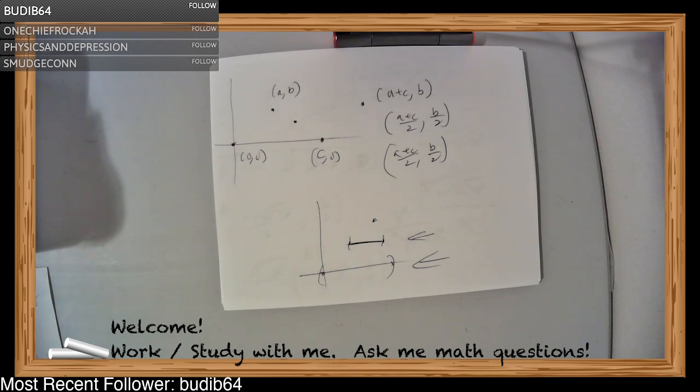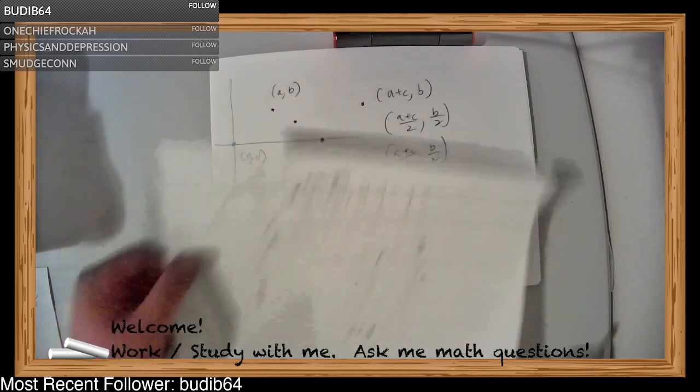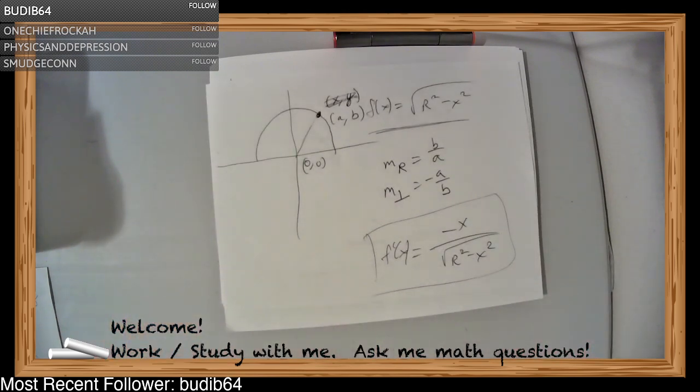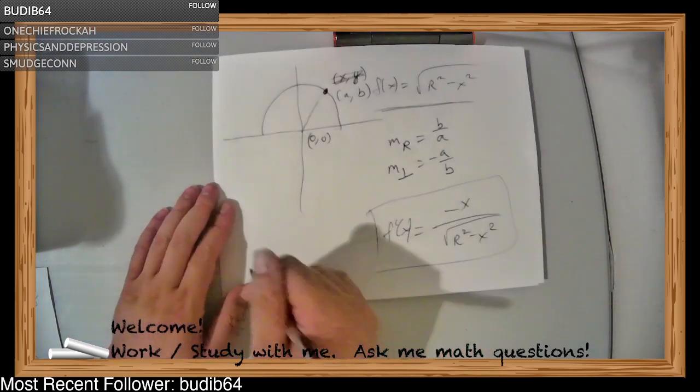We found out that the medians were concurrent. We found out the altitudes were concurrent. We found out a nice derivative formula that's super easy. And the final thing we did is the thing that went like this.